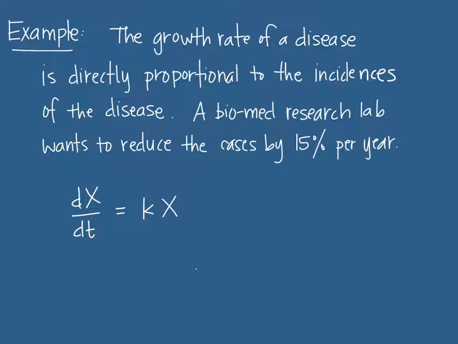A 15% decrease doesn't mean minus 15%. A 15% decrease is represented by the number of cases that remain. We'll always do the number of cases that remain. So it's 0.85 X.